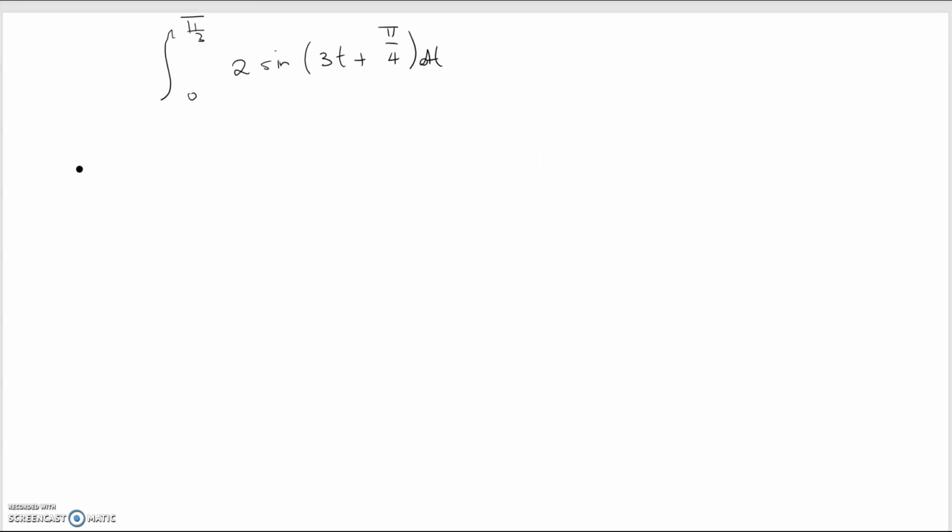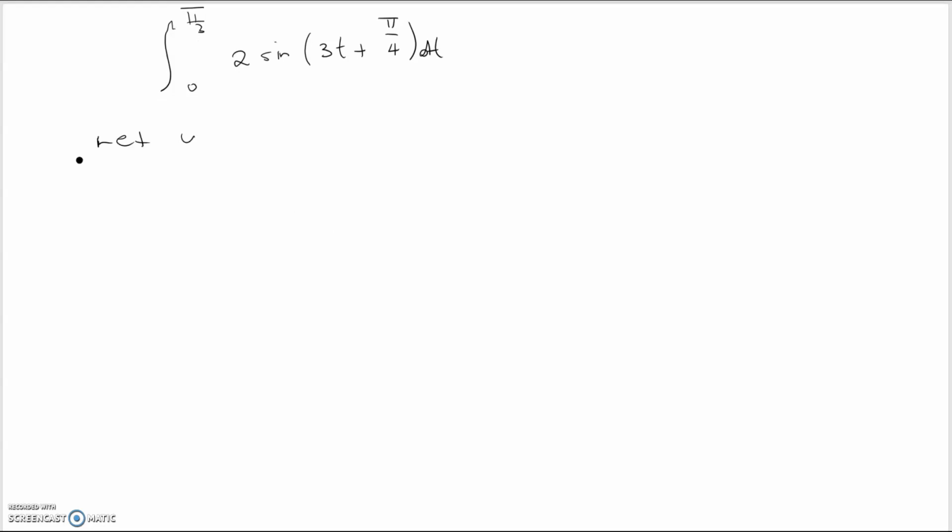This one you can just kind of use the rule. If you need to, though, you can use substitution. And finding, we need to find dt, so we find du. So dt equals du over 3. Putting that in, so we can then say, take the 2 out, and this is t equals pi by 3.